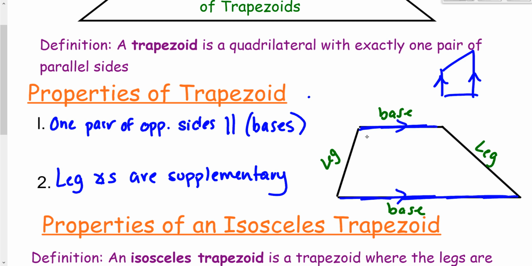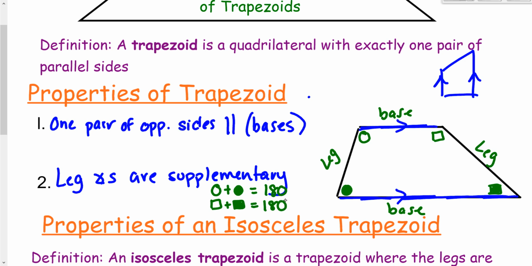Now the angles that form the legs, like this angle and this angle, those are your leg angles. So those two angles together are going to be supplementary. But the other leg has its own leg angles, and these are going to be supplementary as well.